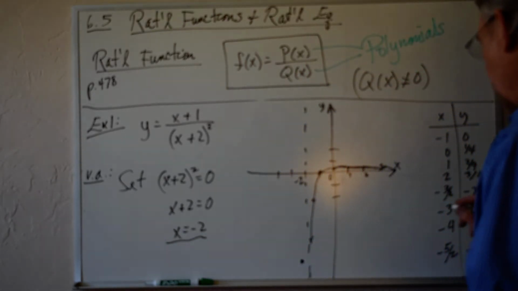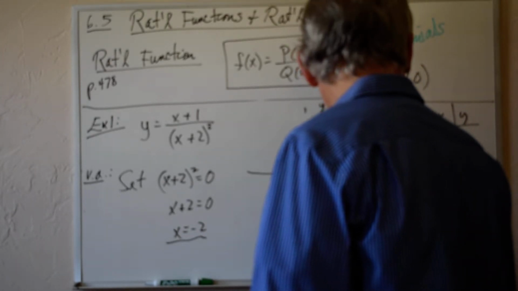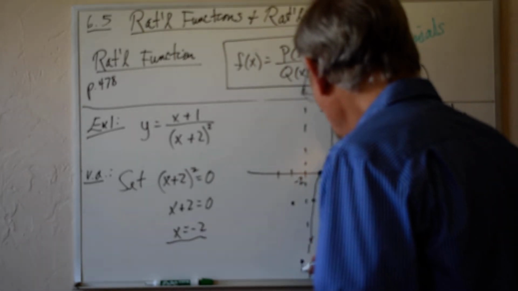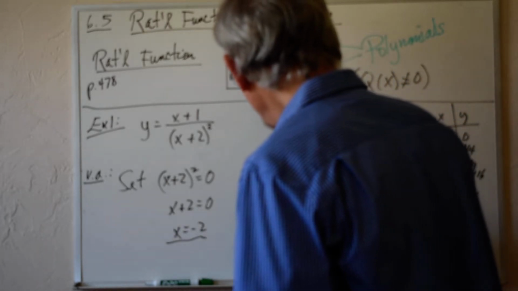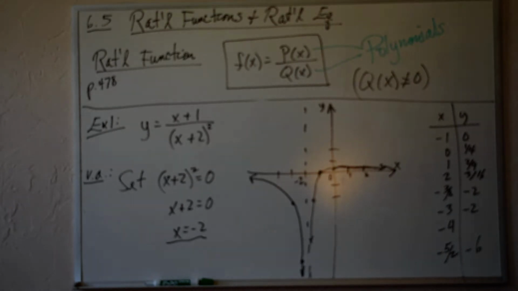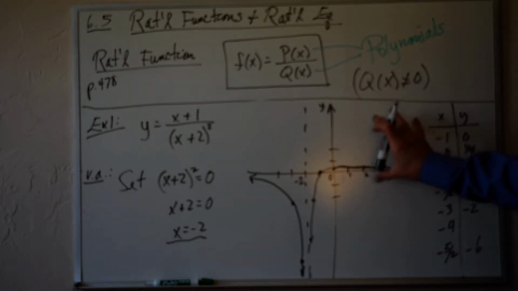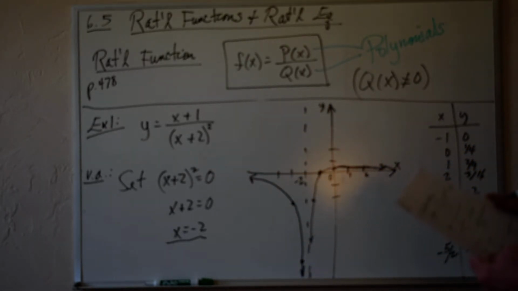If I were to plot x equals -3, I'd get -2. And if we plotted a few more points, you'd see that we have this familiar shape here. So that's sort of your standard way for plotting a rational function.